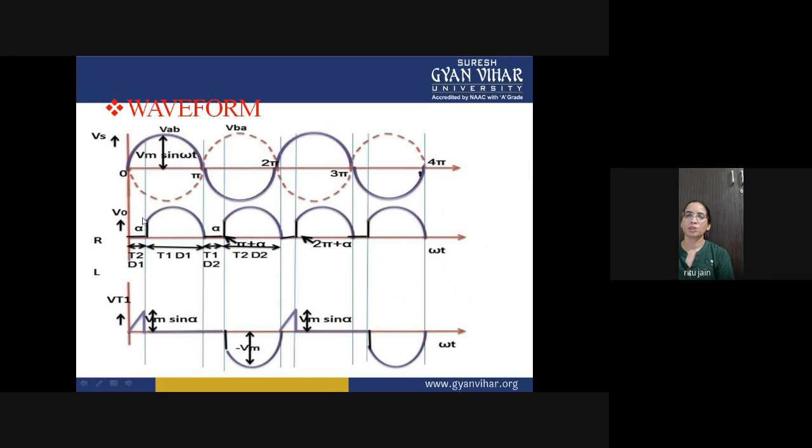When the thyristor is not conducting, the voltage drop across the SCR will be VT1, which is equal to Vm sin alpha. When the thyristor conducts from alpha to pi plus alpha, there is no voltage drop across the SCR. Now, when T2 and D2 are conducting, the voltage drop across the SCR will be minus Vm, and for this period it is Vm sin alpha.